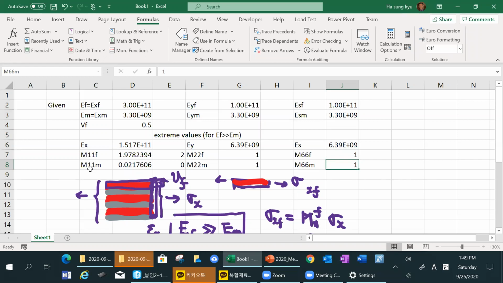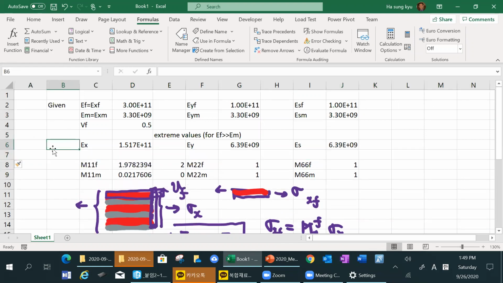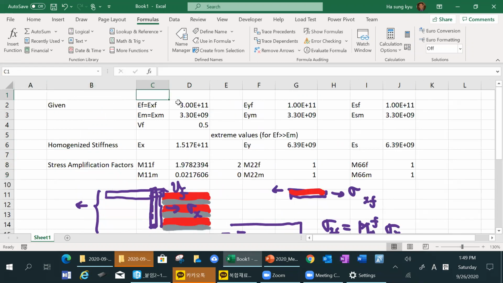So again, I would like to divide like this, and this is the homogenized stiffness. This is the stress amplification factors. From here it is the X direction, which is the fiber direction.